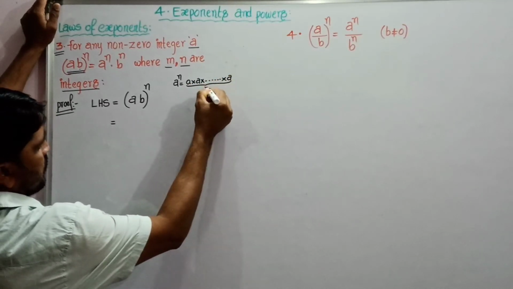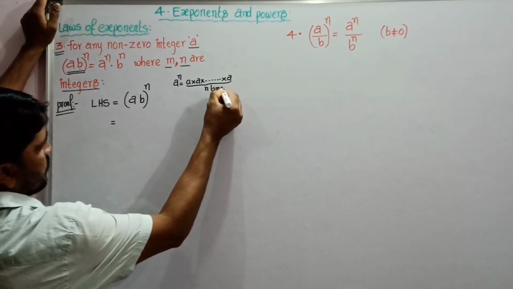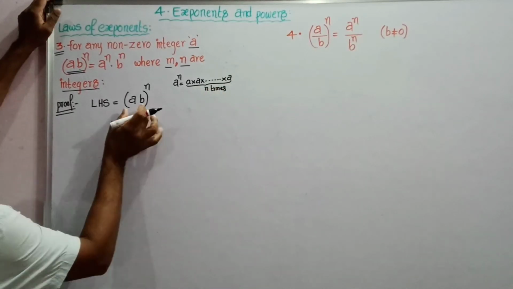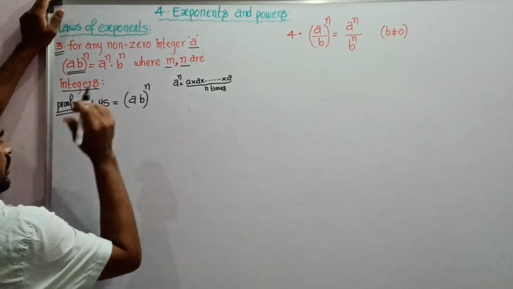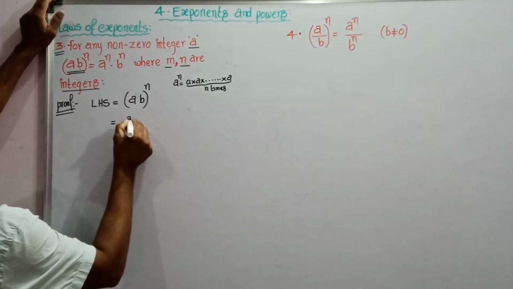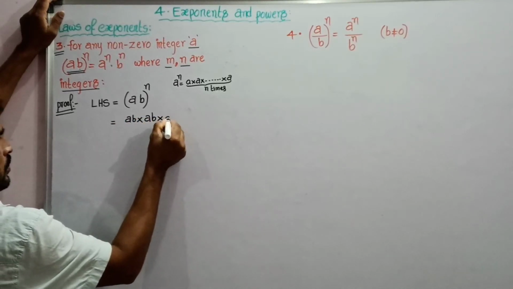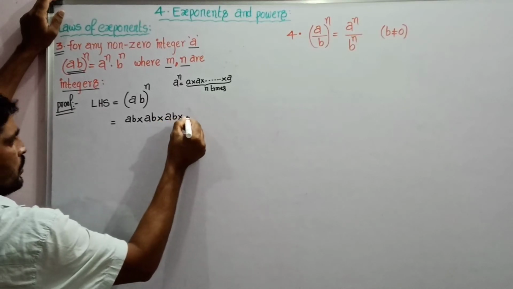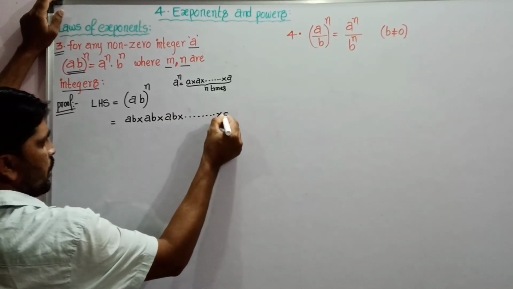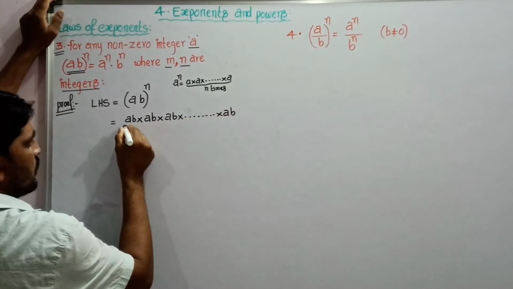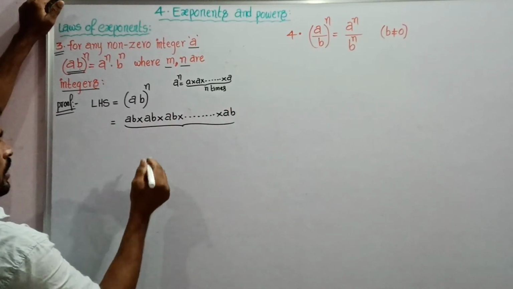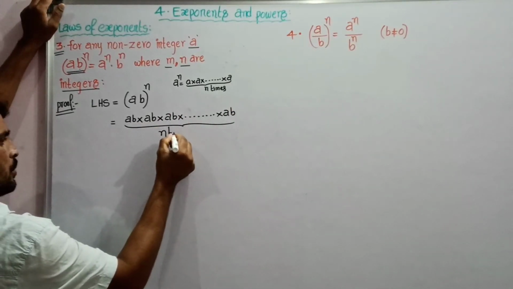So (ab)^n can be written as ab × ab × ab × ... × ab, that is, a × b occurs n times in the product.